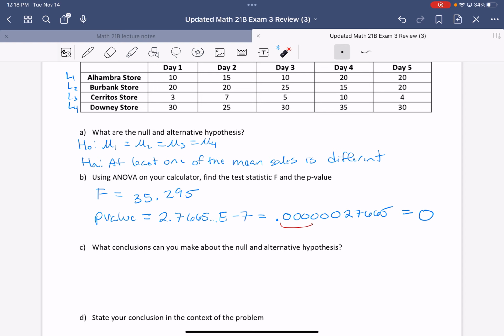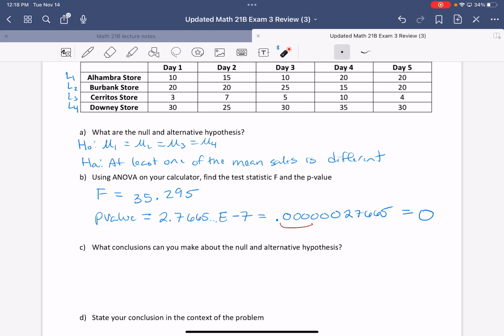So for the ANOVA, you do stat, test, go right there to ANOVA, hit enter. See how it says ANOVA here? And then this is where you enter L1. So you'll do second L1, comma, second L2, comma, second L3, comma, second L4, close.